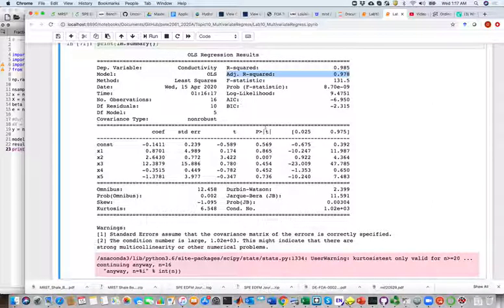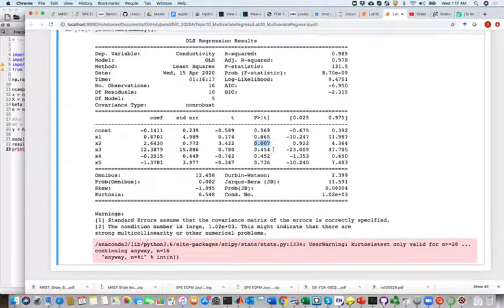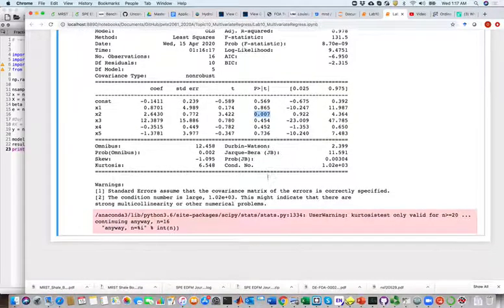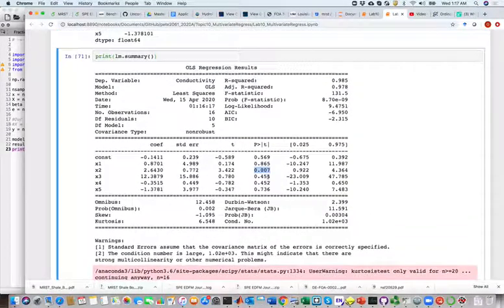So which parameter contributes the most to the electrical conductivity, which is your dependent or response variable? This one is the one with the lowest p-value. And if we were to remove or eliminate one of these variables, which one will we eliminate?